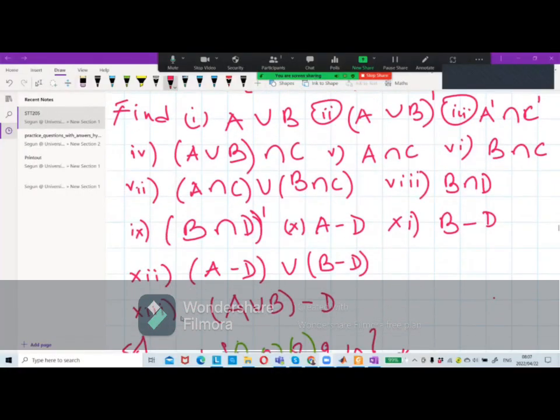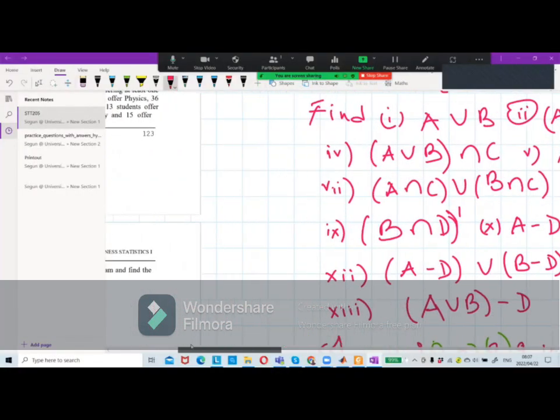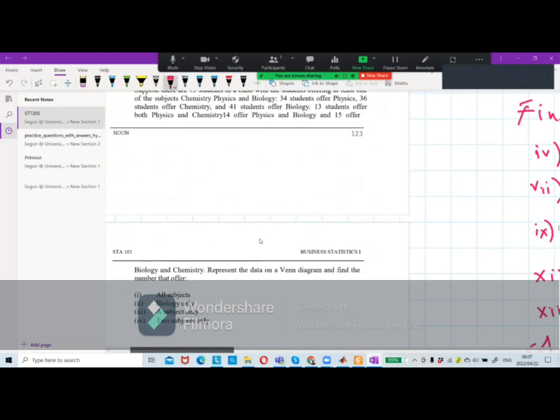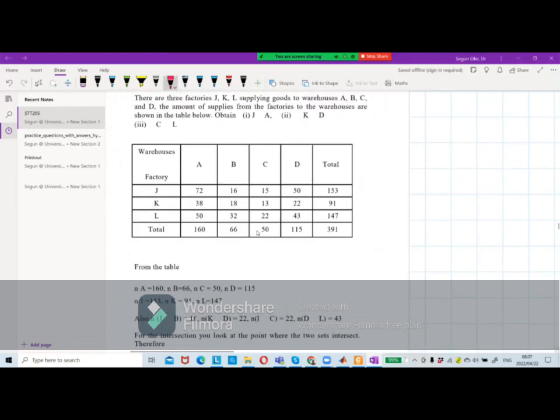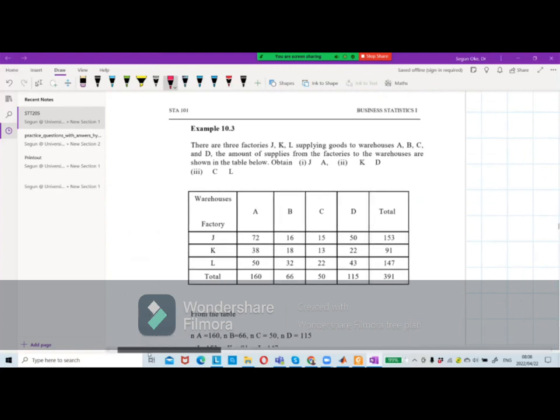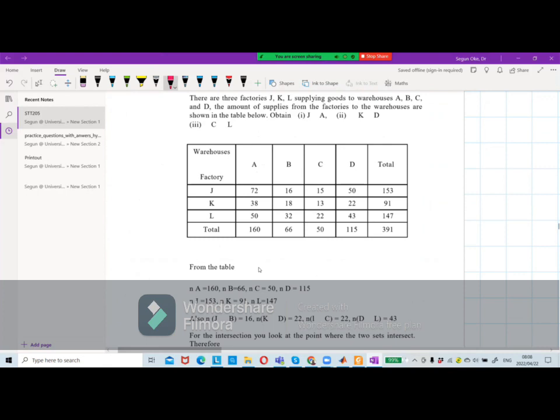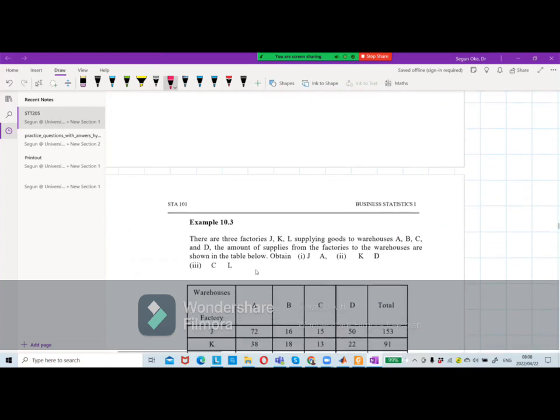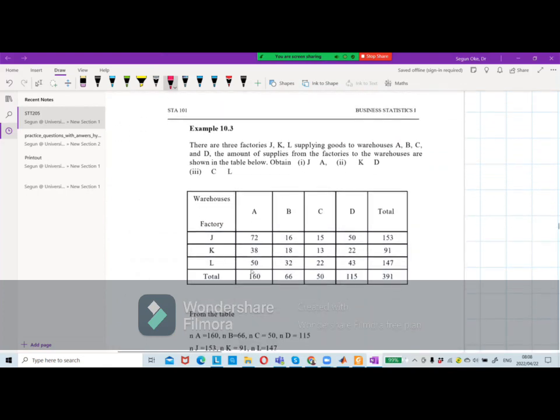So let's look at it. Let's go there. So we have it here. Now, let's look at this question. The question here is pretty simple, with a little typographical error, but I will try and make amendments along the line based on the experience.